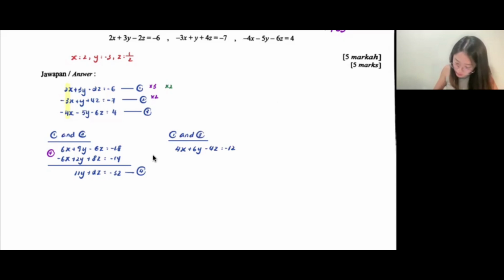Then bottom, number 3, you just copy. Negative 4x minus 5y minus 6z equals to 4. All right, same thing over here. If you want to eliminate x, you should add up. Okay, not minus, add up. Okay, then continue. This will be 1y, then negative 10z, and this is negative 8. This is your equation 5.